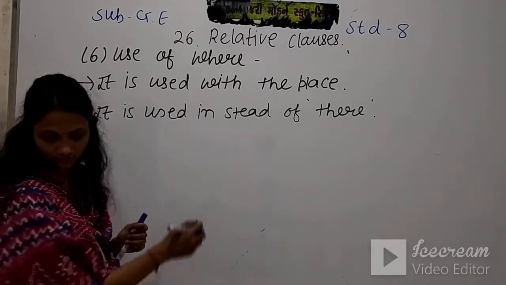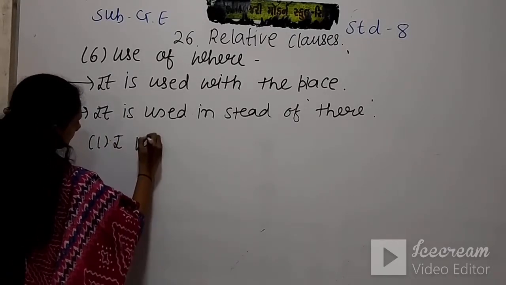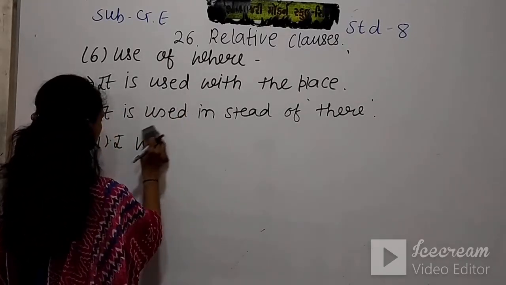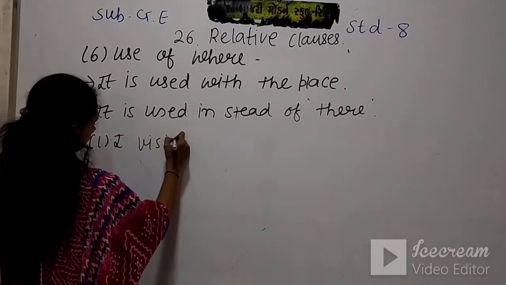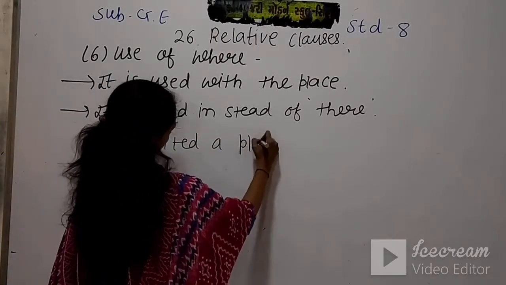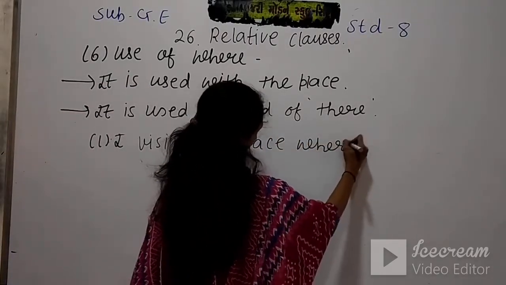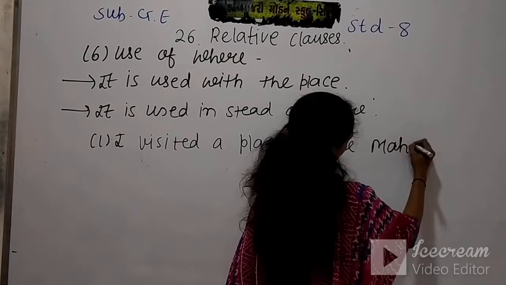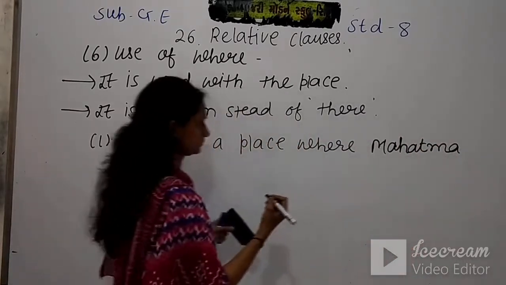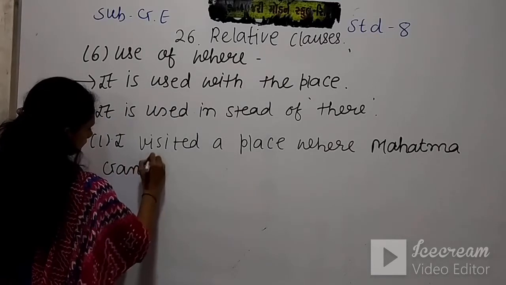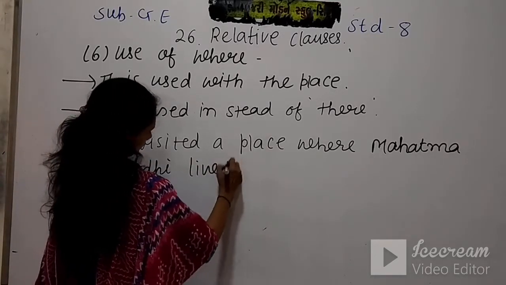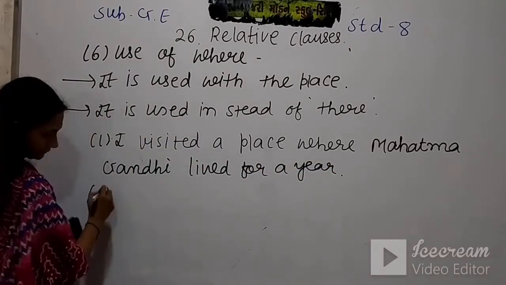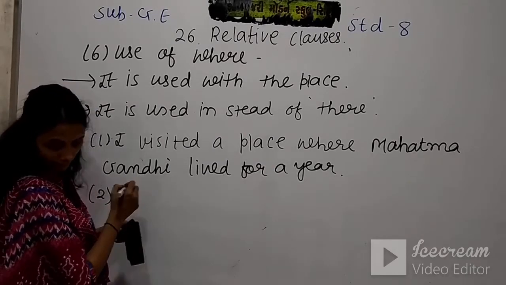The examples are: I visited a place where Mahatma Gandhi lived for a year. Secondly, I saw a garden where tall trees grew.